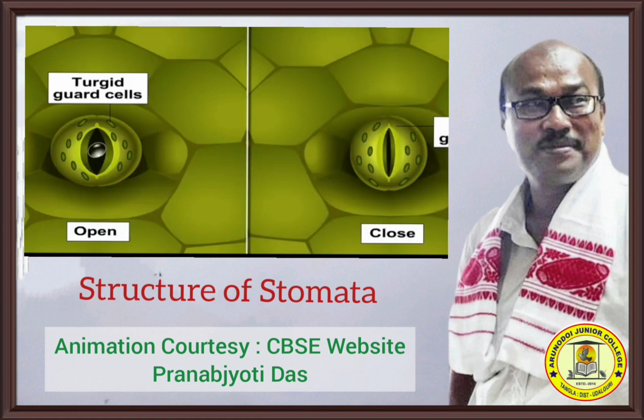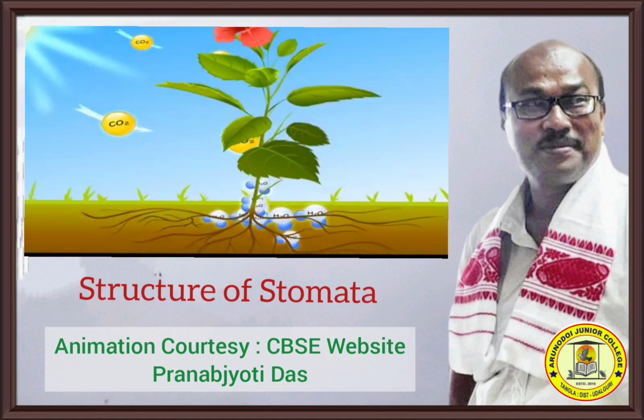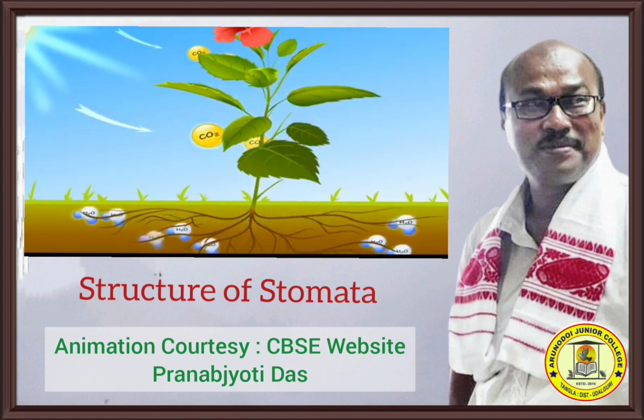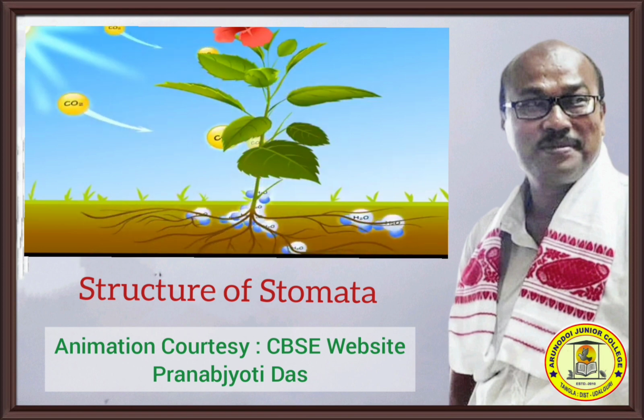The opening and closing of stomata depend upon the turgid or flaccid state of guard cells. When the guard cells are in the flaccid state, stomatal aperture closes. During daytime, as a result of photosynthesis, as the guard cells have chloroplast, concentration of carbohydrates rises, leading to osmotic uptake of water by the guard cells to swell.